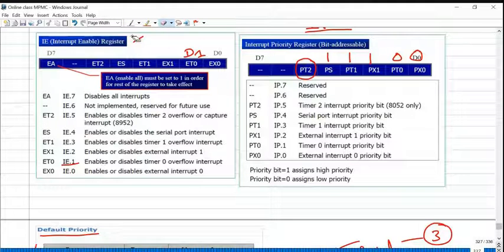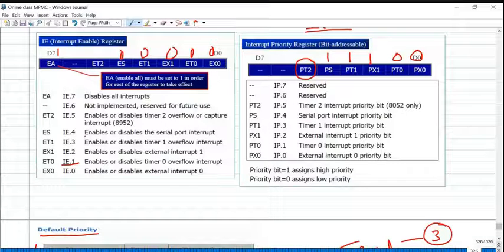One option is D7. Other option? Even though EA is high, we may disable every interrupt individually by writing 0. This is also possible. When EA is 1 but all the individual interrupt enable bits are 0, all the interrupts are disabled. So there are two ways.